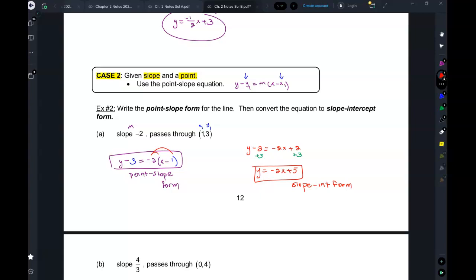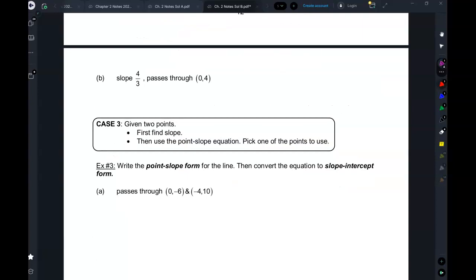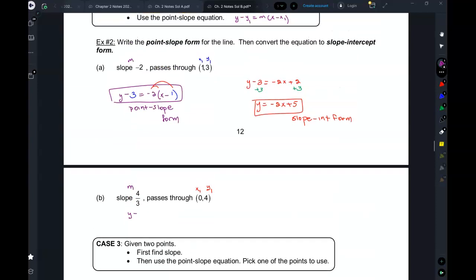All right, let's do the next one. I always label first. I have a slope, I have an x1 and a y1, right? So let's go ahead and put it in. Y minus, I'll put it up here, right? So it's y minus y1.